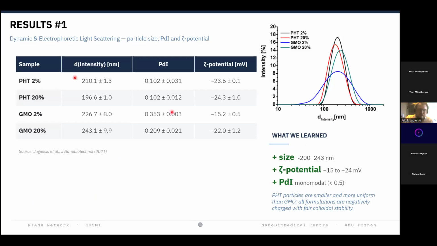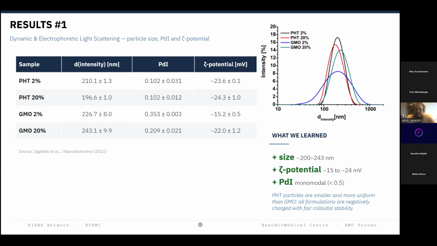As you can see, hydrodynamic diameters range from approximately 197 to 243 nanometers, consistent with the expected size range for lipid liquid crystalline nanoparticles prepared by ultrasonication.